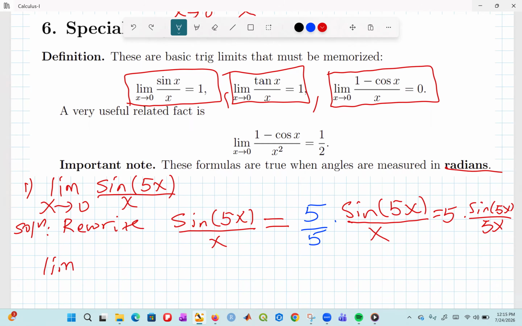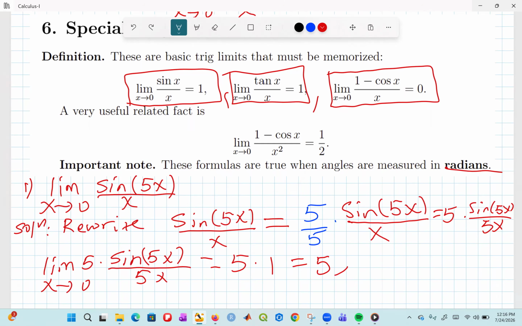So the limit of 5 times sine of 5x over 5x as x approaches 0 is equal to 5 times 1, which gives us 5, because the limit of sine 5x over 5x is 1 from this definition. Okay?